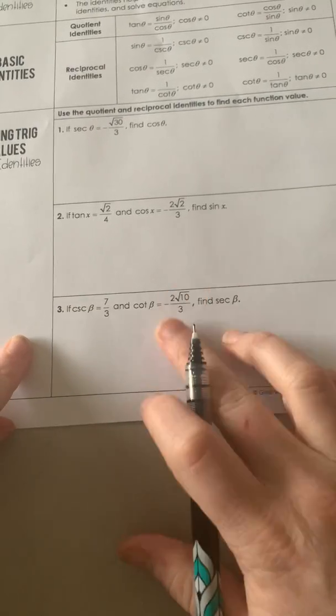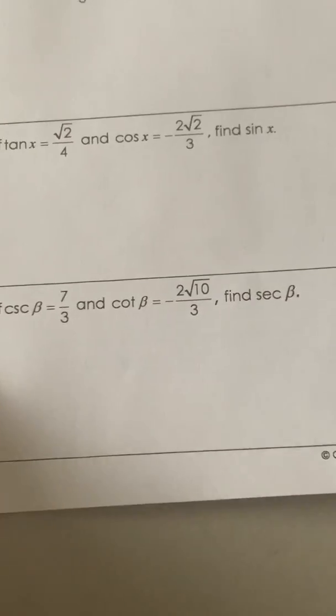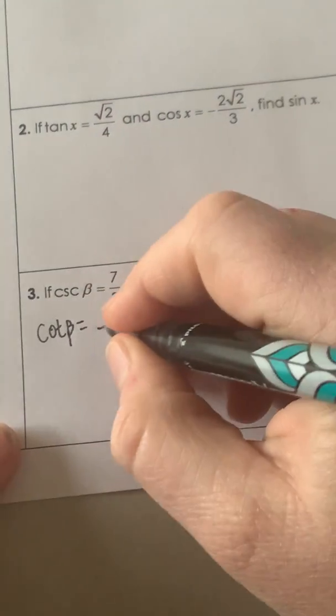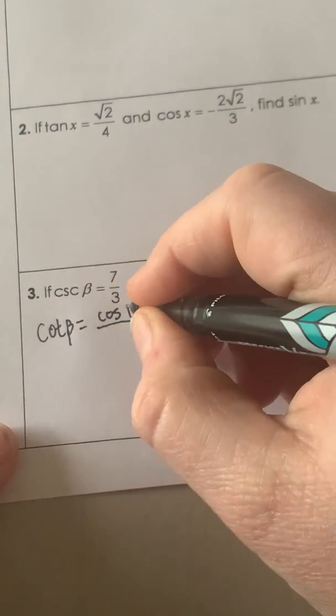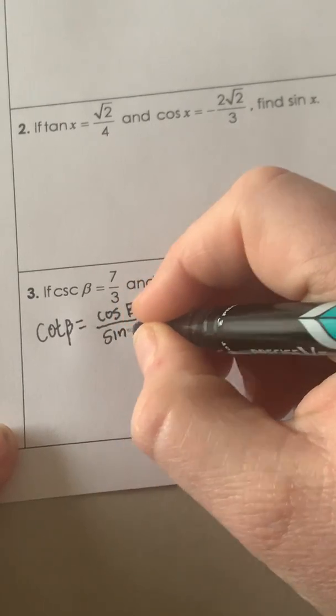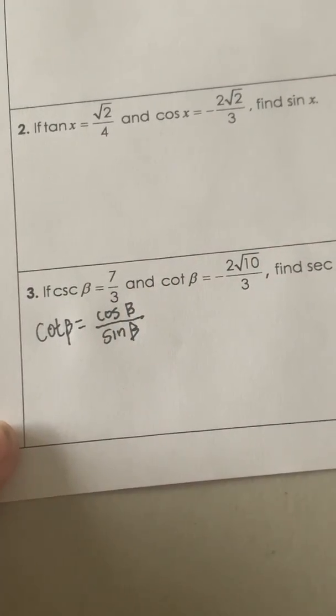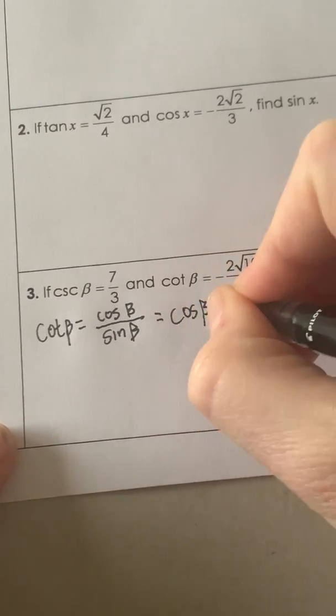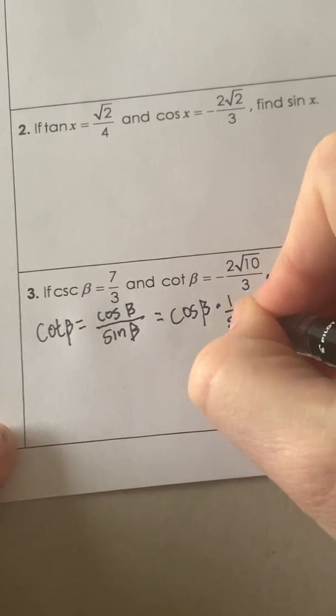So if we start with cotangent, that's gonna be cotangent beta is cosine beta over sine beta. Okay, so let's rewrite that as cosine beta times 1 over sine beta.